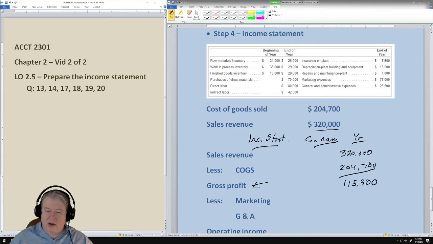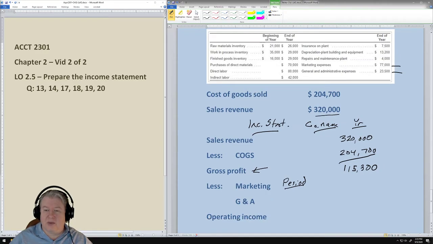And then we would take out all of these. Remember that we haven't done anything with these period costs, because they don't go into the cost of goods sold or the manufacturing information. We didn't use them in the manufacturing environment, but we still use them on the final income statement. So here we would have the 77,000 and the 23,500. And then our operating income would be 14,800.